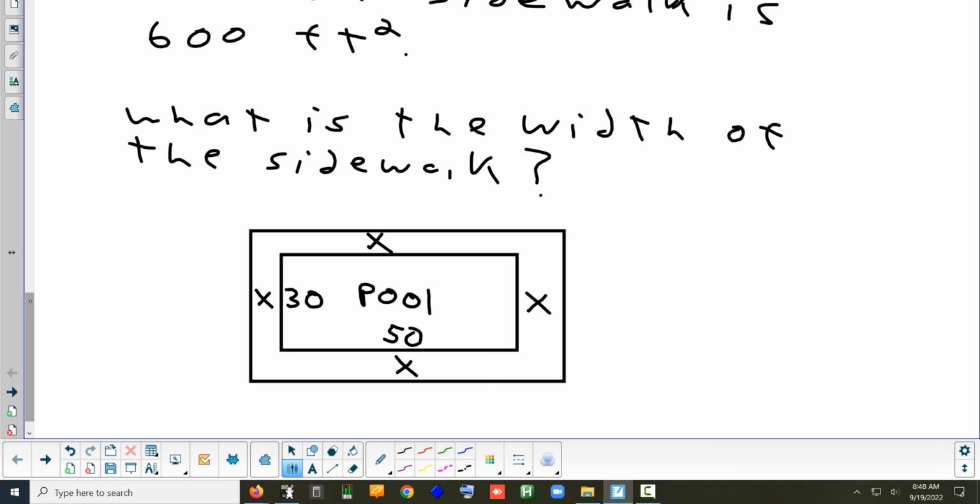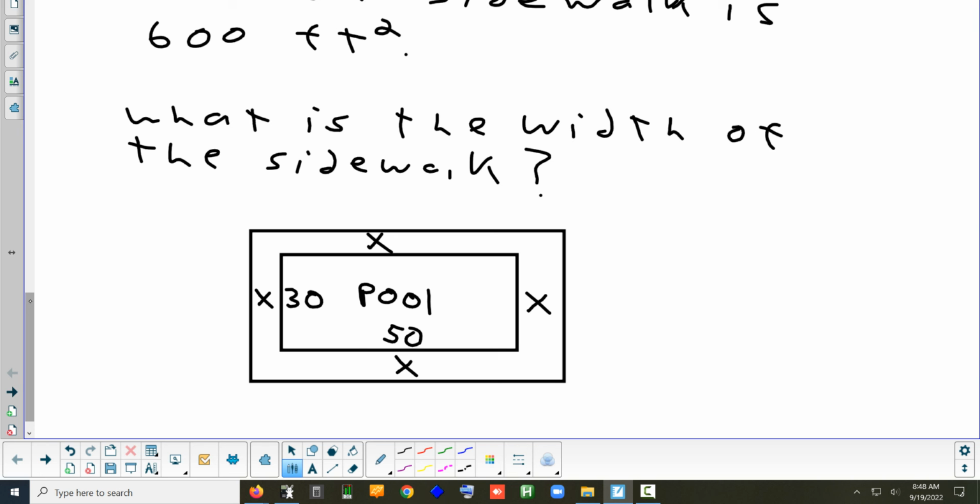Okay. So the shape of the sidewalk, it's not really a rectangle. We have to figure out how to find the area of that shape. It's kind of like the border of a rectangle, and it has a thickness of x.